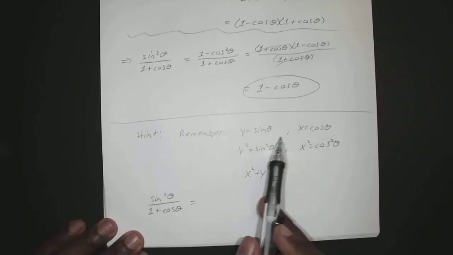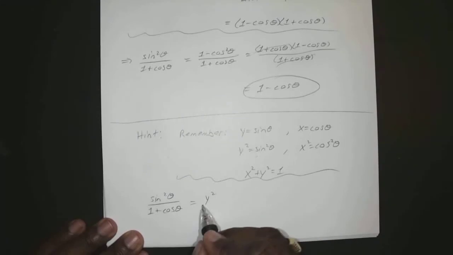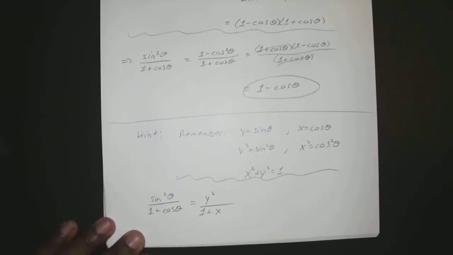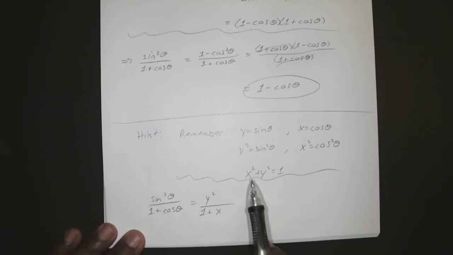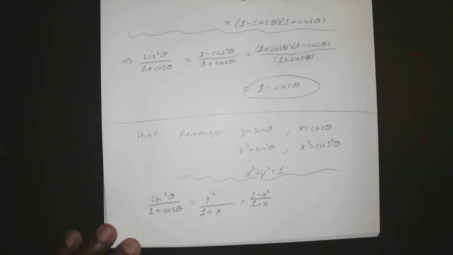If you wanted to, you can make that y squared over 1 plus x. Okay. So we know that y squared is 1 minus x squared over 1 plus x. Okay. So sometimes that may look a little familiar, where it's a little easier than trying to figure out what to do with all these sines and cosines.